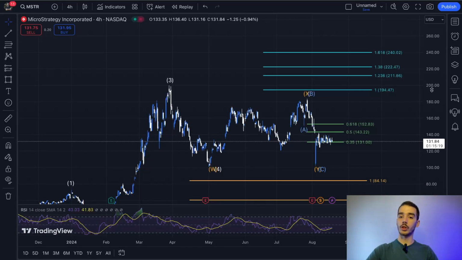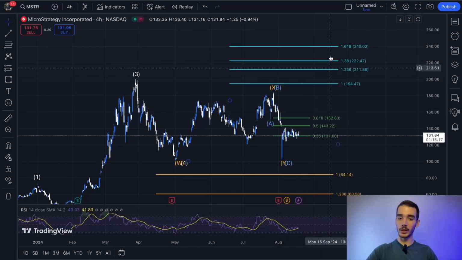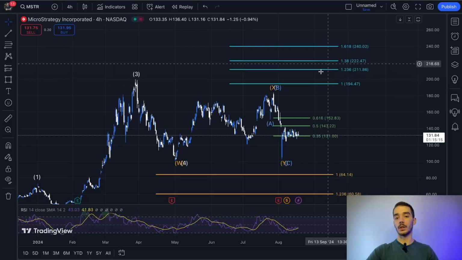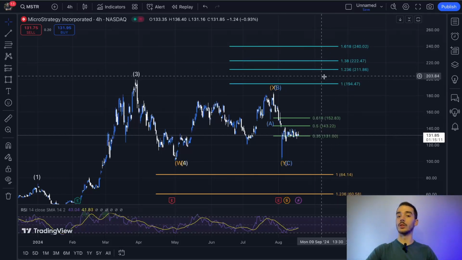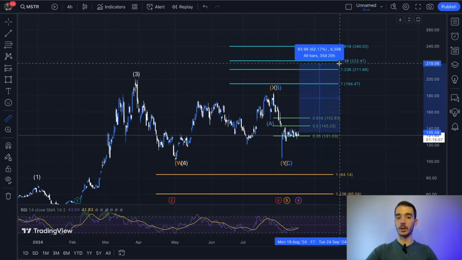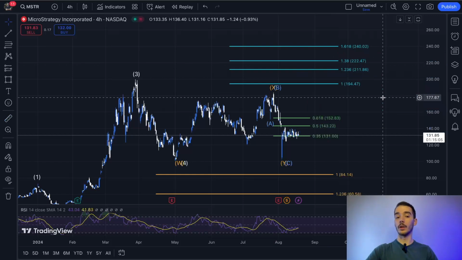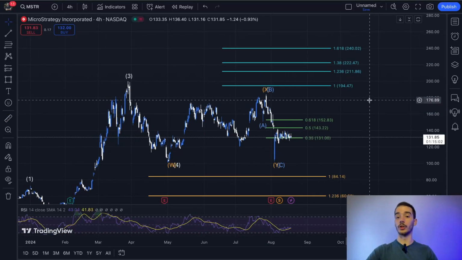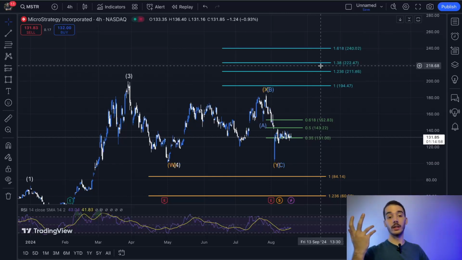Most likely this will change by the time I do another MSTR update, because this is way too conservative in my opinion. But it is still a good area to look at. That's still a very good return rate, 62%. And I anticipate we will be in this area by the end of the year.